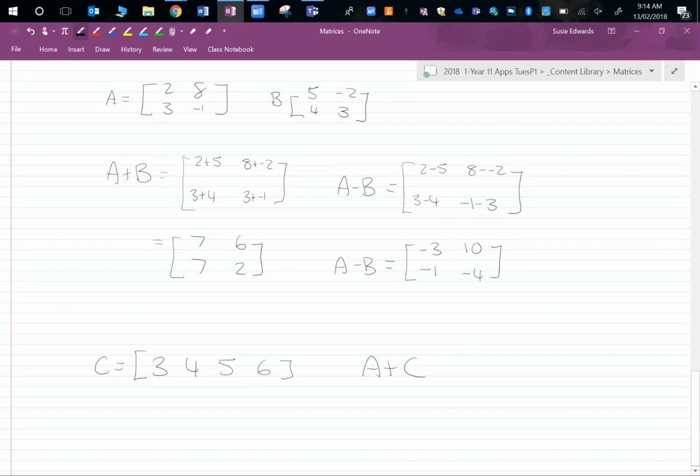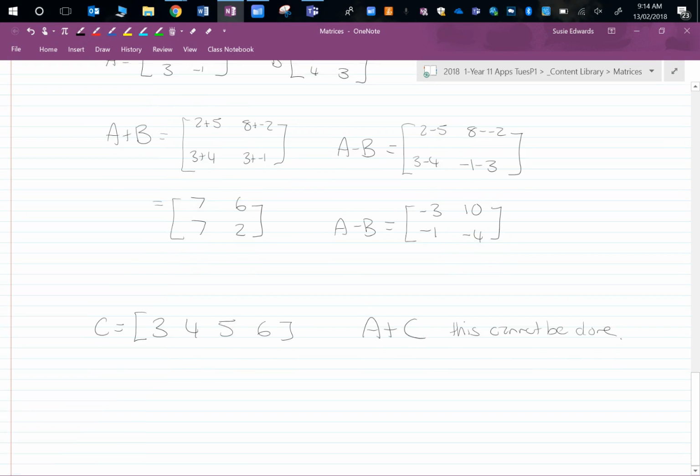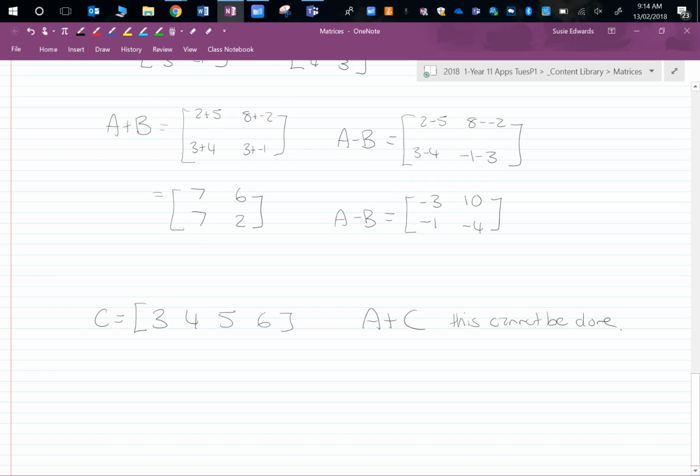And we will always put one of these in there, and you need to actually say, this cannot be done. I think there's an official word. I can't remember it though. I'll have to remember what it is. Okay, but it can't be done. It's not possible. Okay? With multiplying, there's even more rules. Okay?